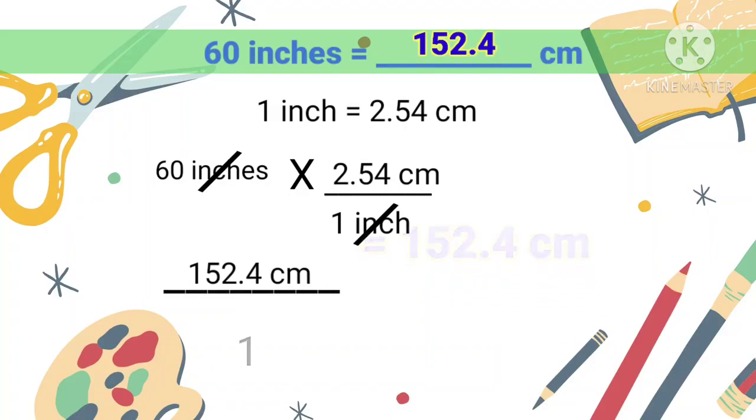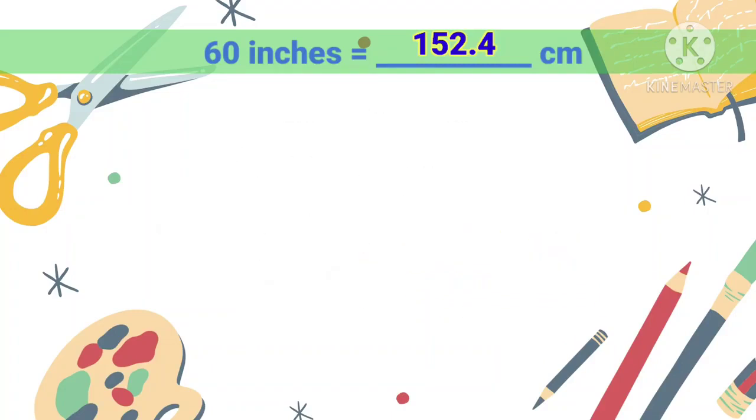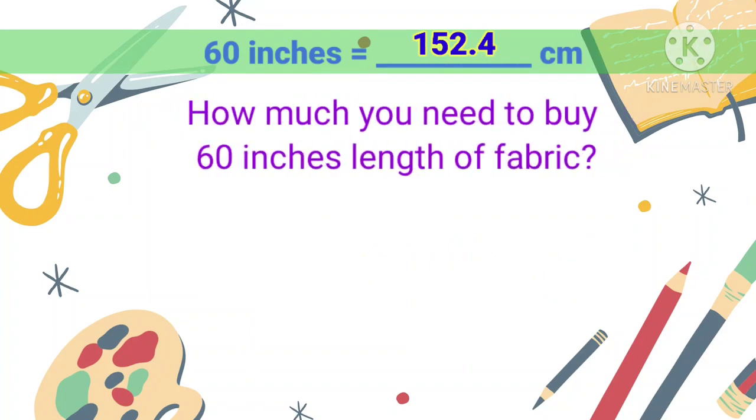Well, not yet. Because going back to the situation, the question is, how much will you need to buy the fabric? To get the answer, we are then going to multiply the cost per centimeter to the length of fabric converted.